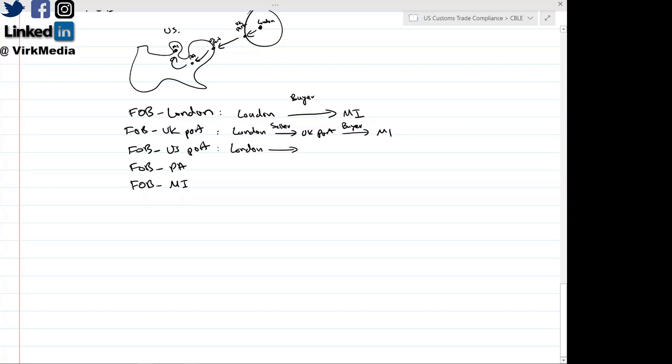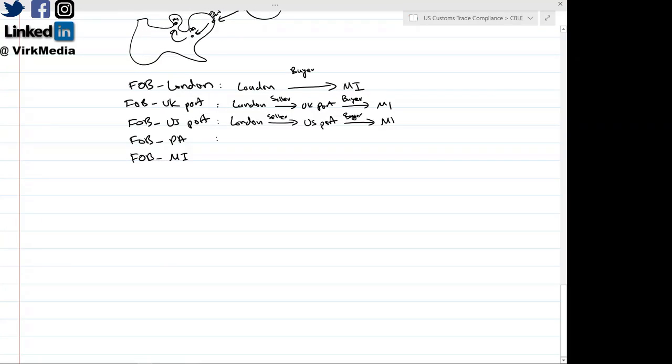What about FOB US port? This means that the seller is responsible all the way from London to the US port and everything that comes in between. And then once the shipment reaches the US port, it's the buyer who is responsible to take it from the US port to Michigan. What about FOB Pennsylvania?